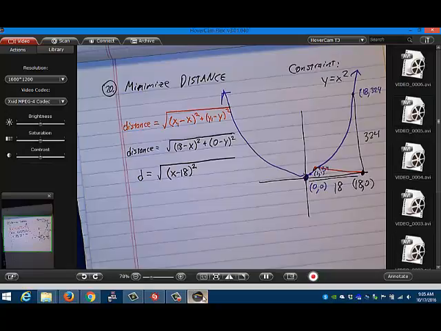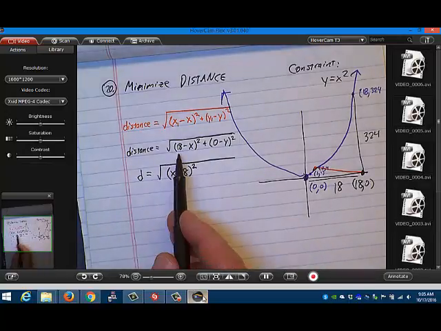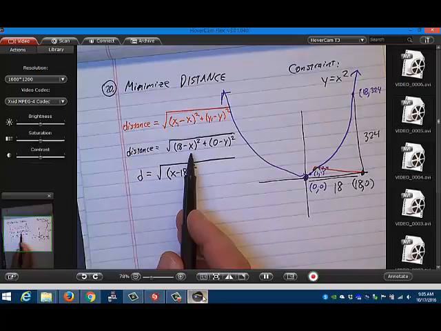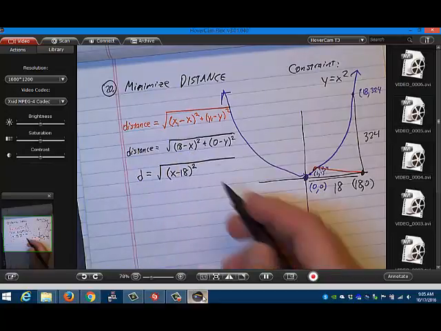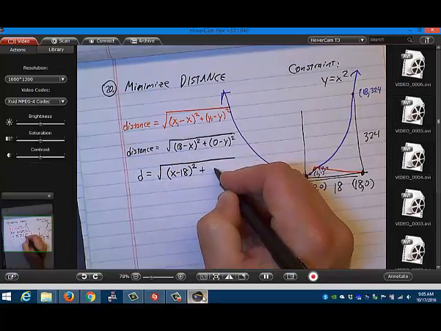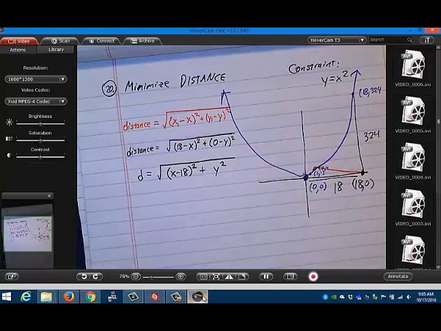Not the same. But I'm squaring them. If I do 18 minus 15, that's 3. But if I do 15 minus 18, that's negative 3. They're not the same, but if I square them, are they the same? Yes. That's kind of like a nice little trick. If you don't like that, you could put the point in for x2 instead of x1. This is another way to do this. Plus, and then here I have y squared, right?